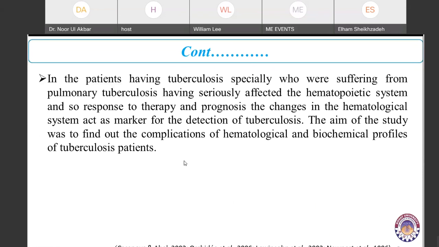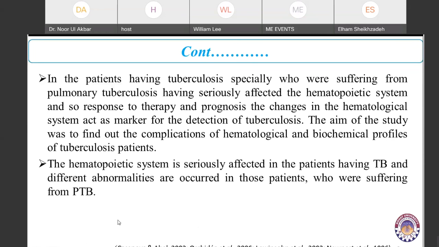The aim of the study was to find out the complications of hematological and biochemical profiles of tuberculosis patients. The hematological system is seriously affected in patients having TB, and different abnormalities occur in those patients who are suffering from TB.